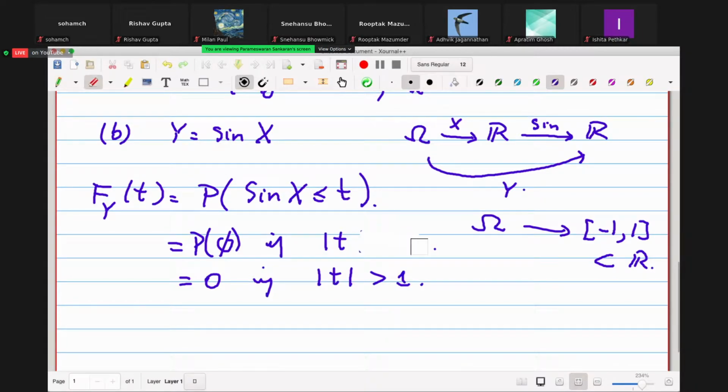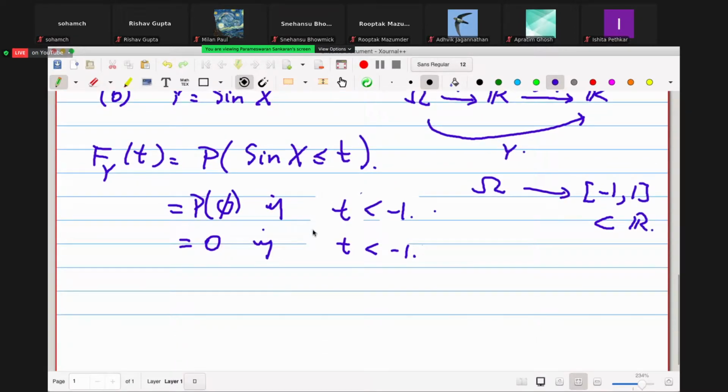This is t strictly less than minus 1, absolutely, because you have less than or equal to t here. Thanks for pointing out the error. So this is what I meant.